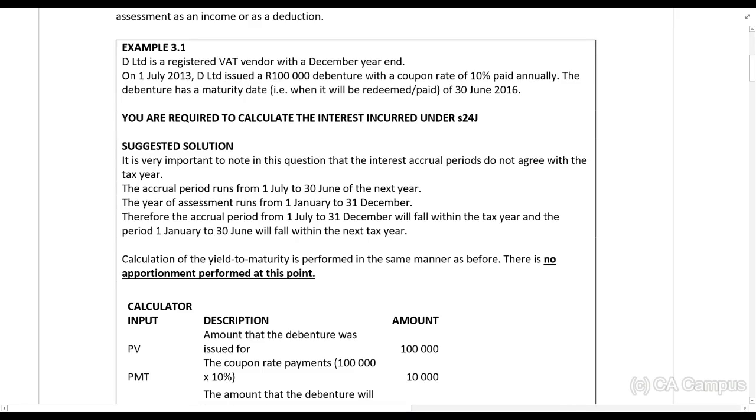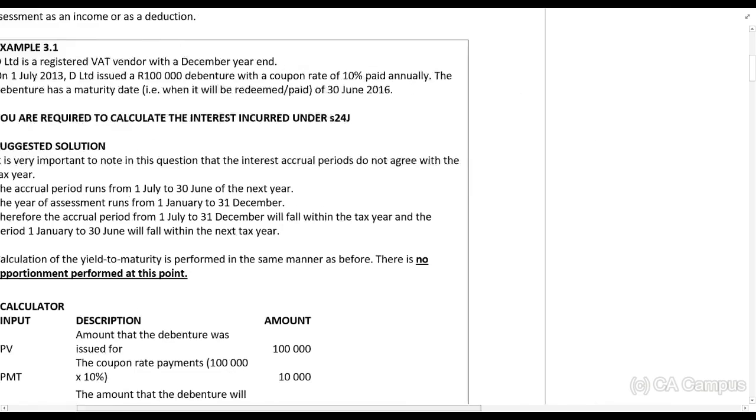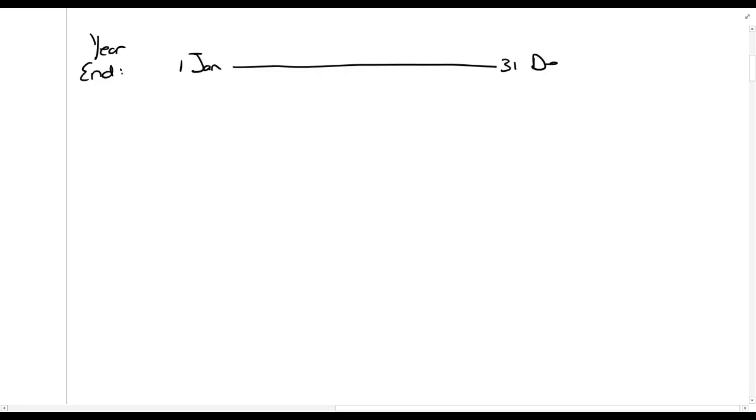So D Limited is a registered VAT vendor with a December year end. So let's do the year end. I'm going to draw a graph out for us. It runs from the 1st of January to the 31st of December.